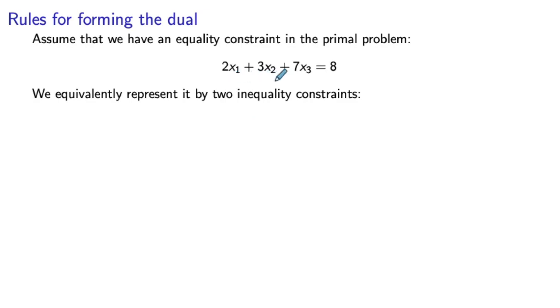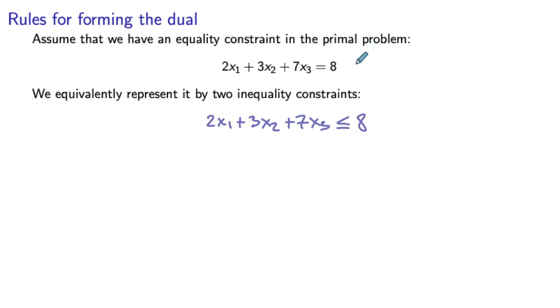So let's look at this example here. The trick that we are gonna use here is to represent this equality constraint as two inequality constraints. We will say that 2x1 plus 3x2 plus 7x3 is less than or equal to 8, and then it is also greater than or equal to 8.